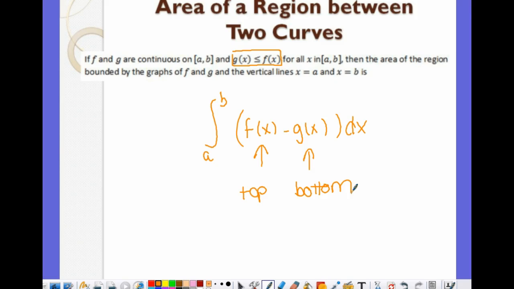When we talk about the vertical lines x equals a and x equals b, I'll show you graphically on the next example what those bounding vertical lines are.